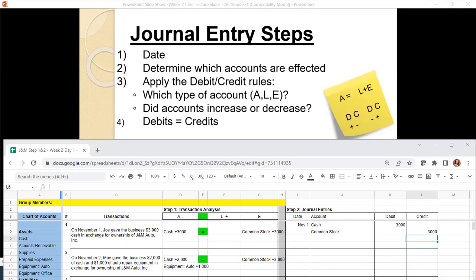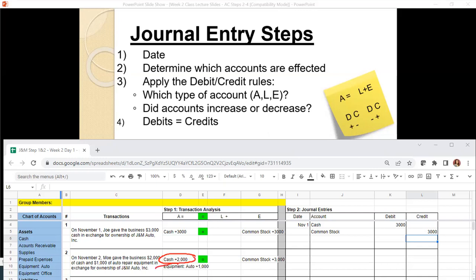with a different example. So this one says, on November 2nd, Mo gave the business 2,000 cash and 1,000 of auto repair equipment in exchange for ownership. Well, now here's an example where there's an exchange that involves 3 different things. So we've got the company received cash of 2,000. So that's an asset going up.